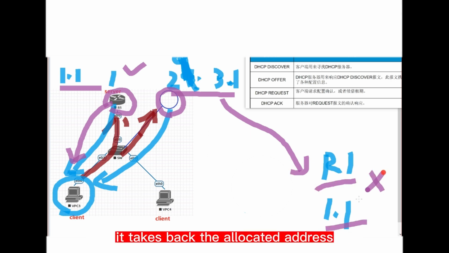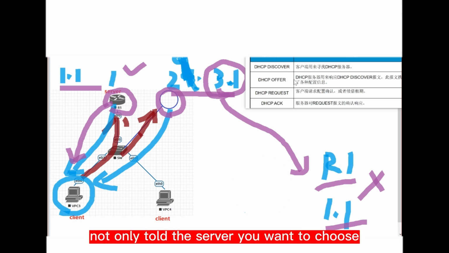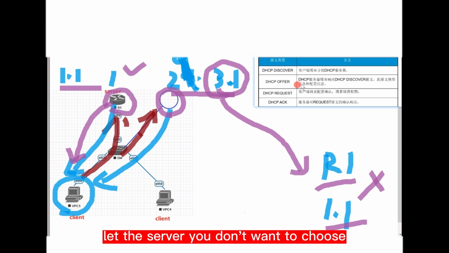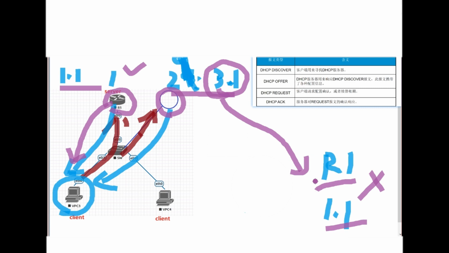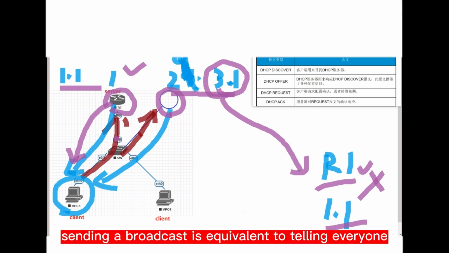It takes back the allocated address for other clients in the future. This broadcast message not only told the server you want to choose, but also let the server you don't want to choose know that you did not select it. So this is a very optimized mechanism. Sending a broadcast is equivalent to telling everyone.